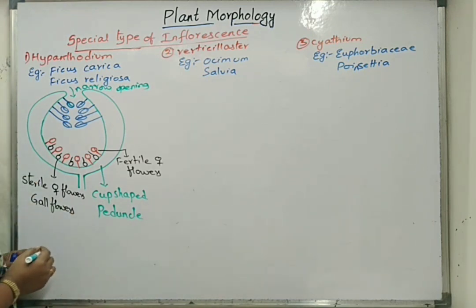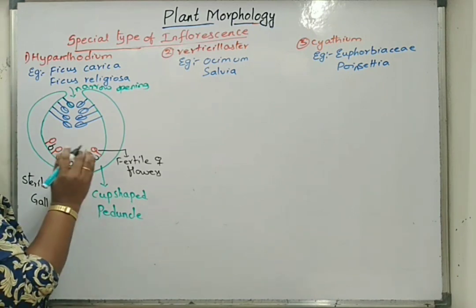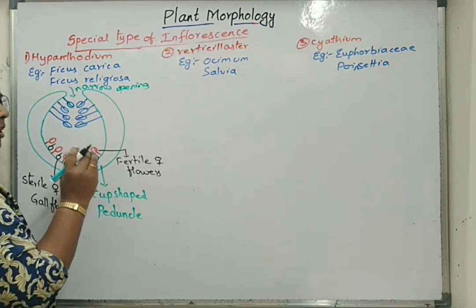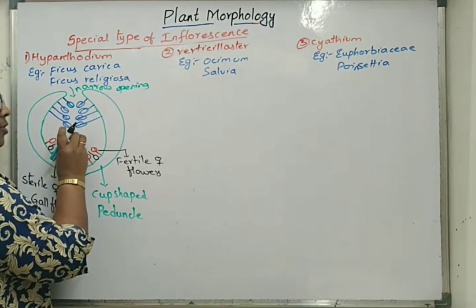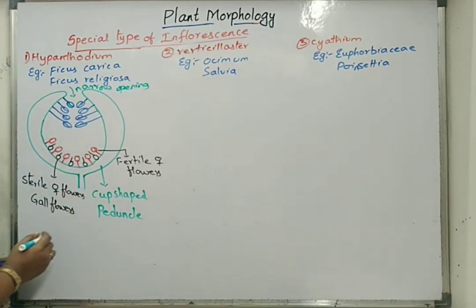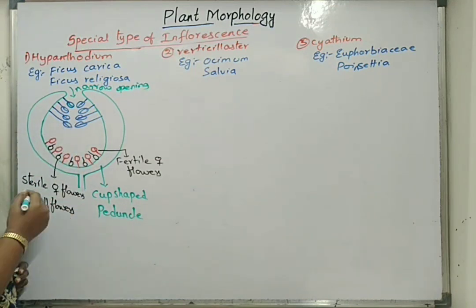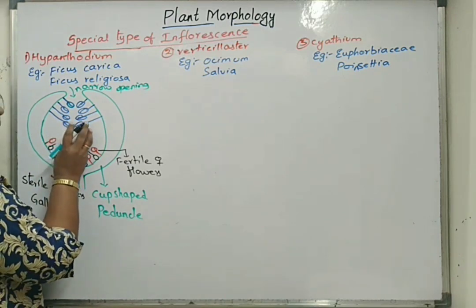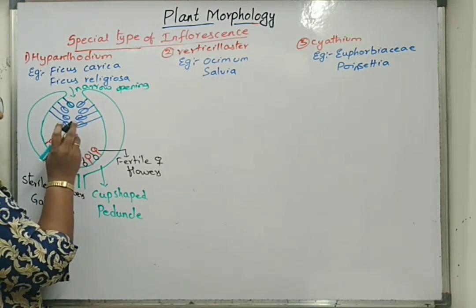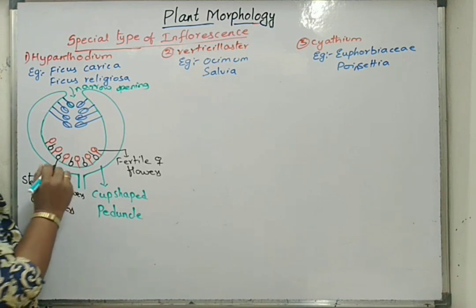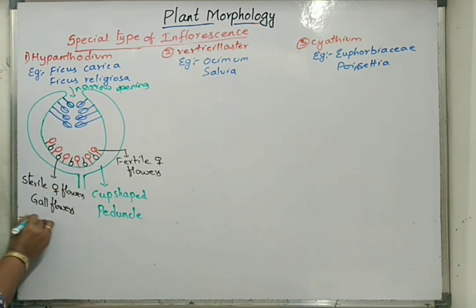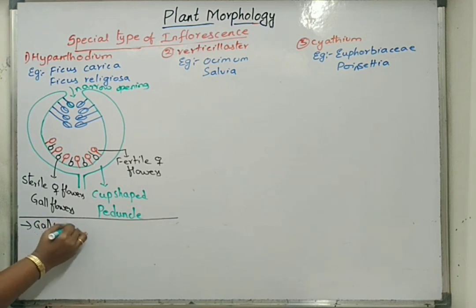This Hypanthodium inflorescence, in the course of evolution, was adapted so that a wasp or any other pollinating agent must be involved in pollination so that fertilization happens. During the course of evolution, this inflorescence was adapted for insect pollination. A type of insect called gall wasp is the common name.